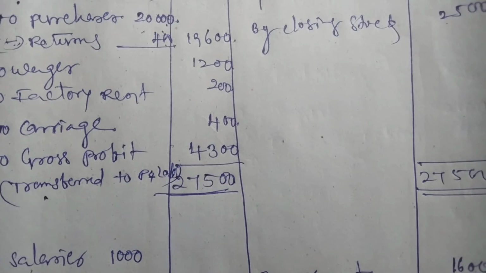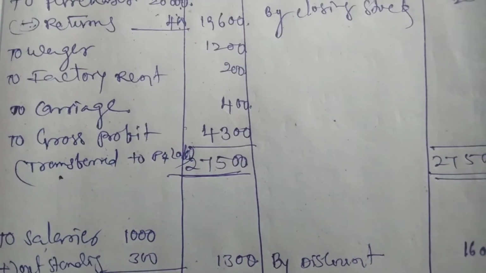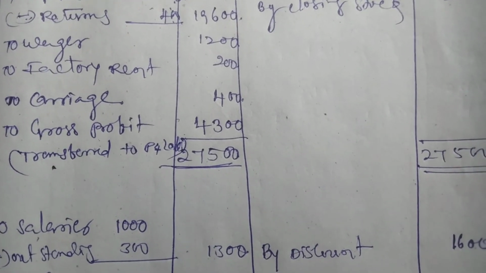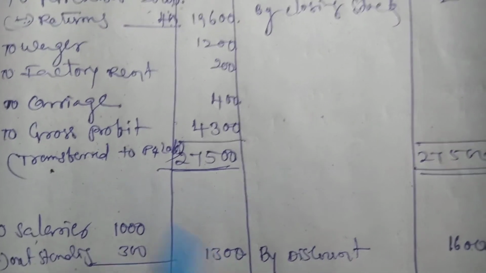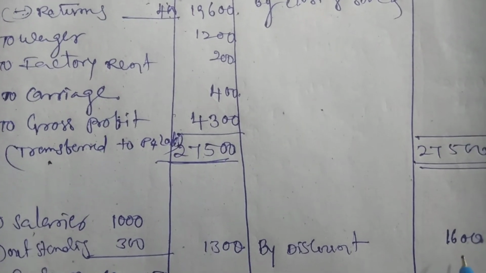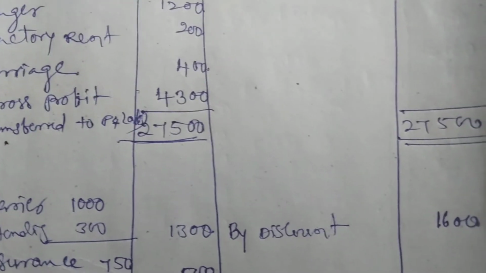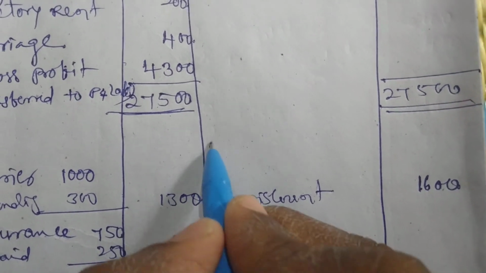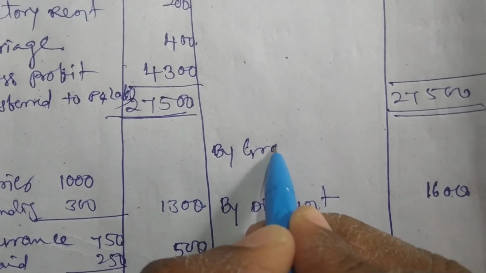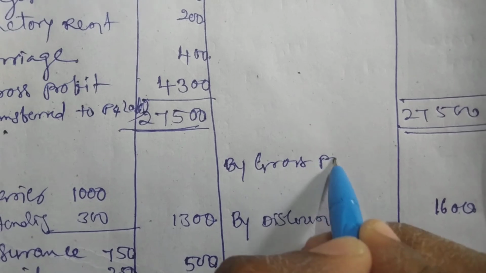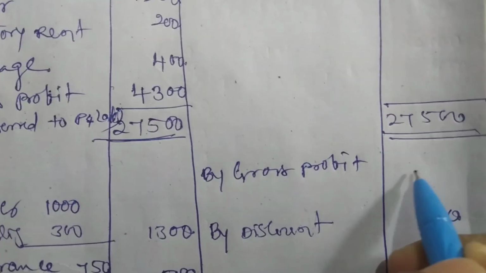So try to go to the profit and loss account now. In the credit side, the debit transaction is transferred to the opposite side, that is the credit side. So now by gross profit 4,300.